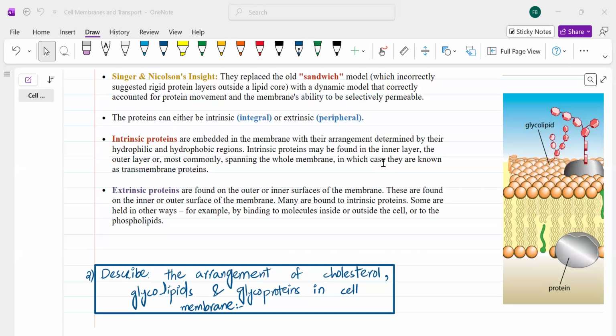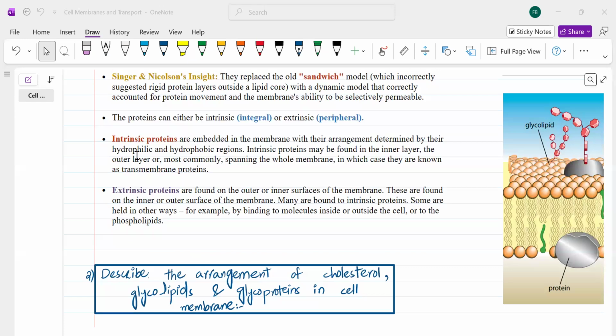So intrinsic proteins are embedded in the membrane with their arrangement determined by the hydrophilic and hydrophobic regions. Their arrangement will depend on the hydrophilic and hydrophobic nature of the phospholipid bilayer. We have discussed earlier that the bilayer's amphipathic nature decides the arrangement of different substances within the cell membrane.